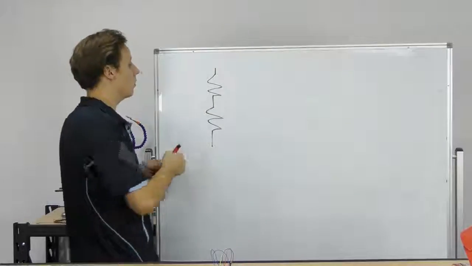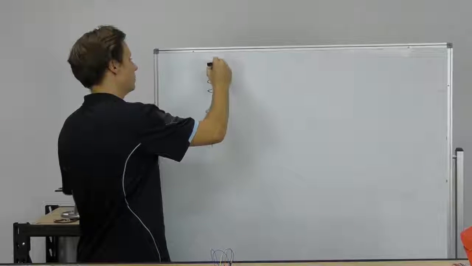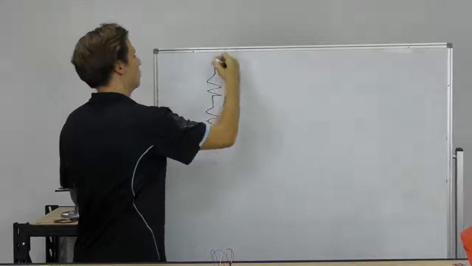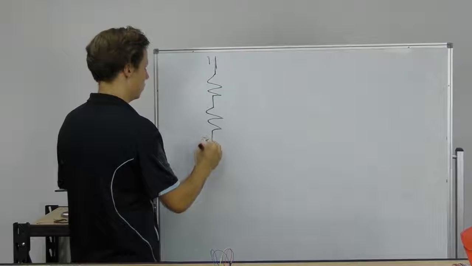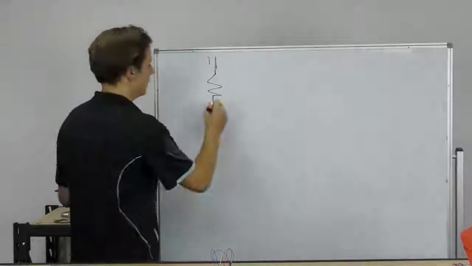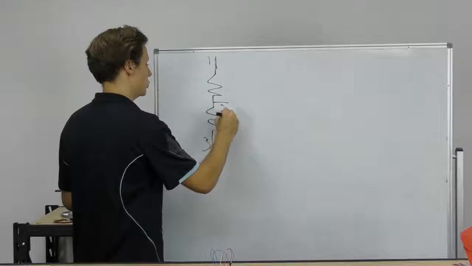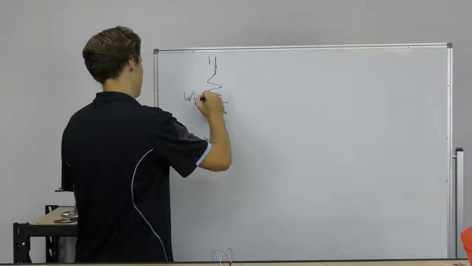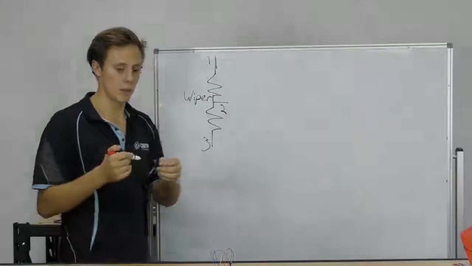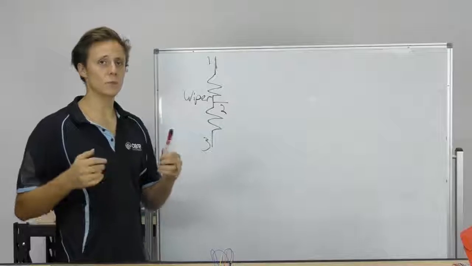So, how do they work? Well, we've got one leg here, call that leg 1. Then we've got the bottom leg here, which we'll call 3, and they're the two outer legs. Then we have a middle leg here, which is 2, which is called the wiper. Now, how this works is you can use it in a lot of different ways.